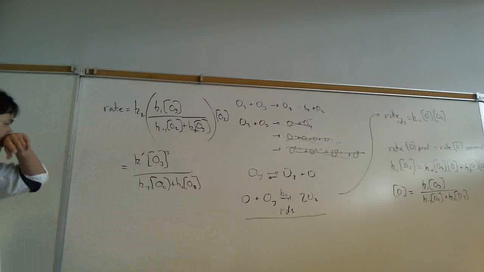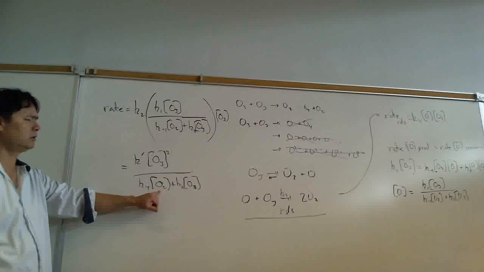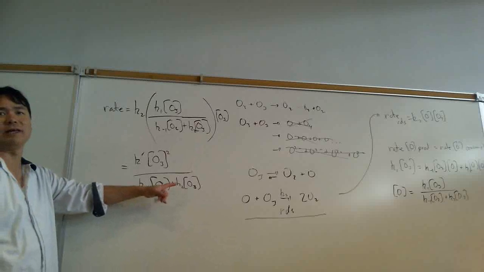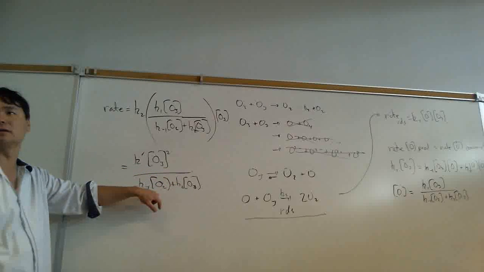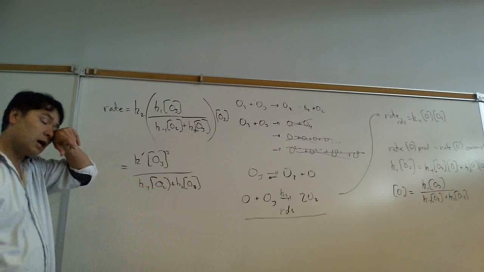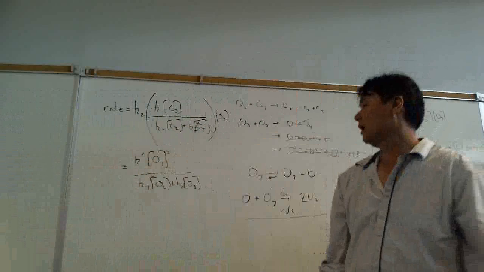All right, now with this, O2 appears in here, but is it okay to have O2 in here? We can't have an intermediate, but this is not an intermediate. This is product. Having product in here is okay.